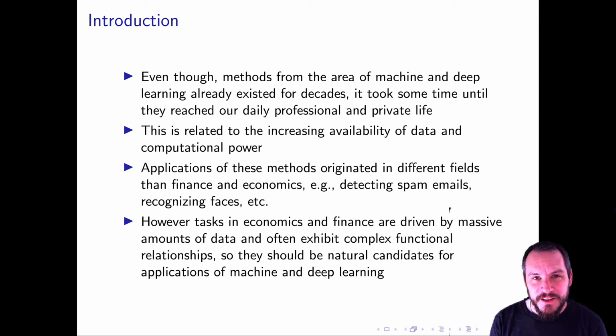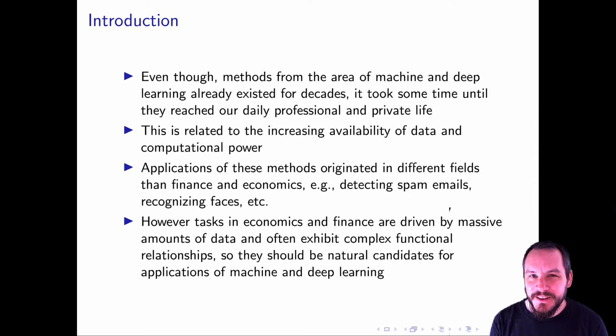Originally, the methods we are focusing on in this course have become popular in other areas than finance and economics. For instance, very popular applications relate to face recognition, speech recognition, stuff like that. But of course, whenever things are popular, they are also appealing to the financial area.